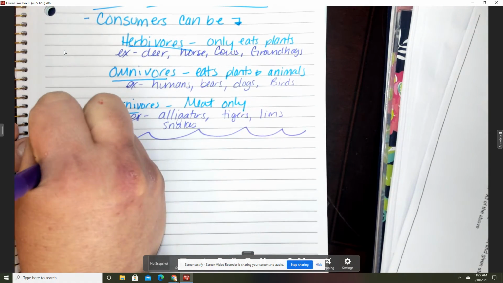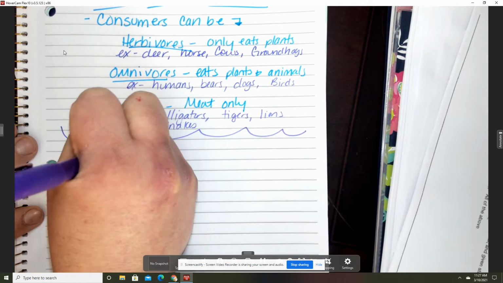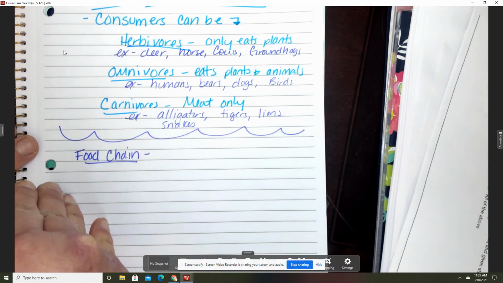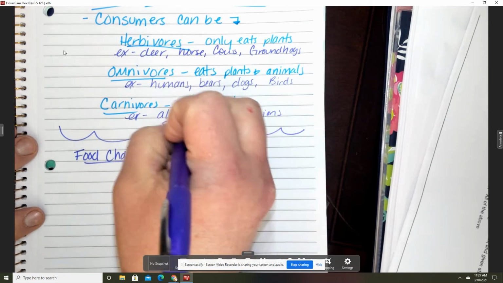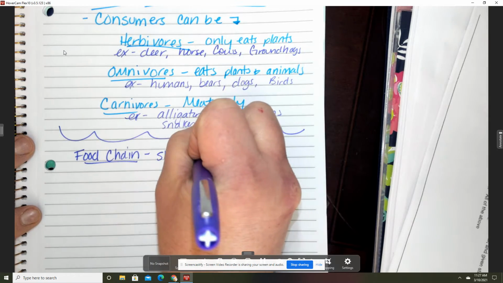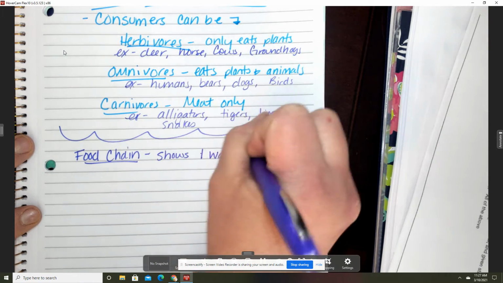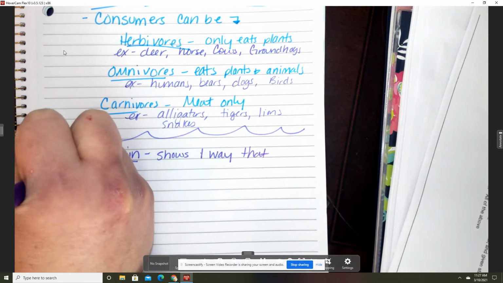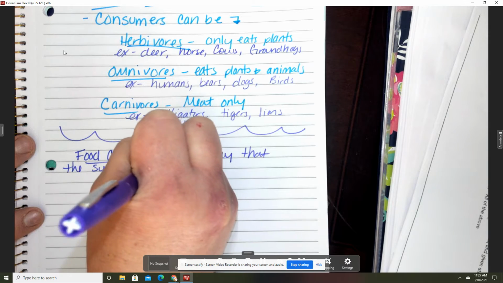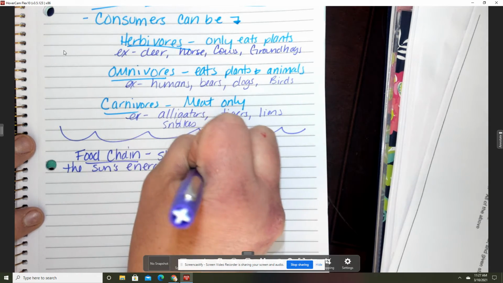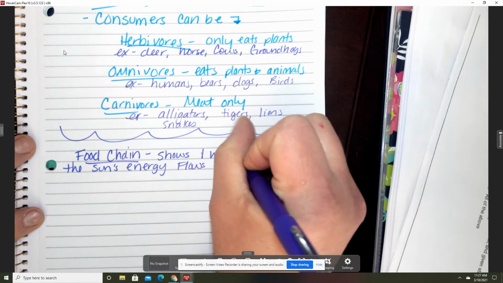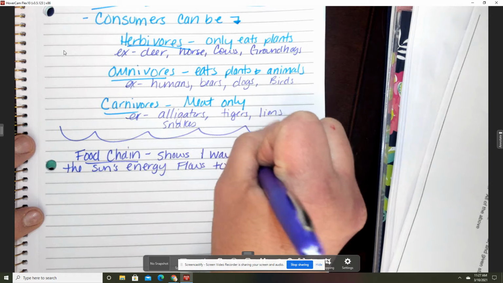All right, so a food chain, and that comes into play when we're talking about a food chain. So a food chain shows one way that the sun's energy flows to different animals.